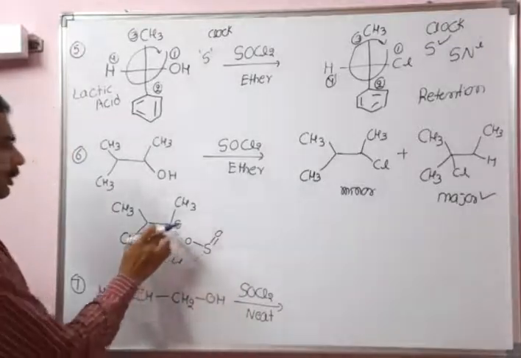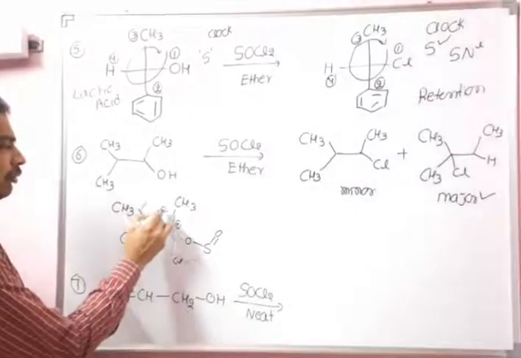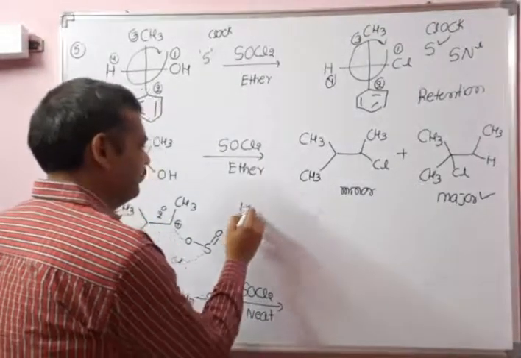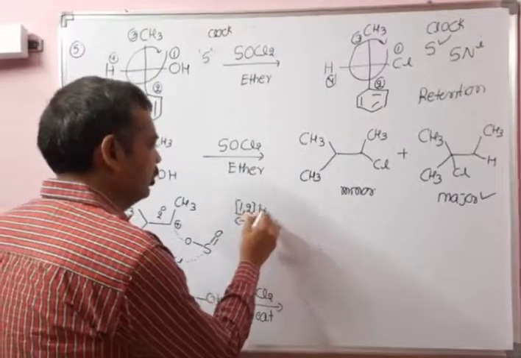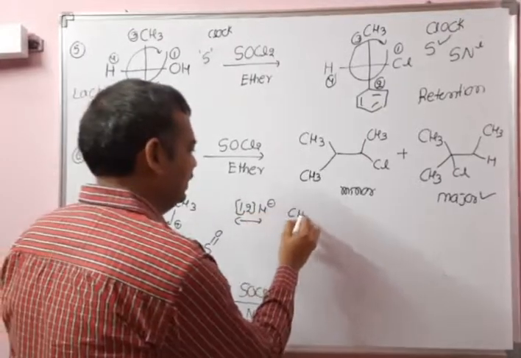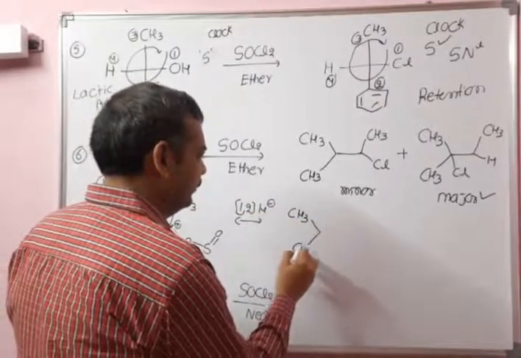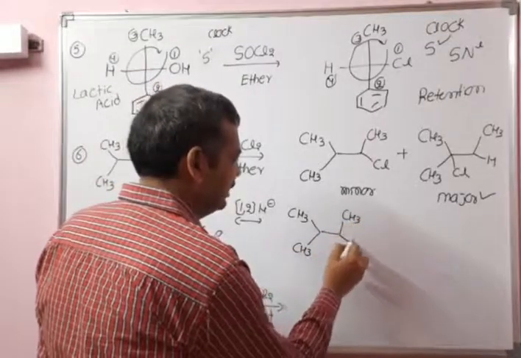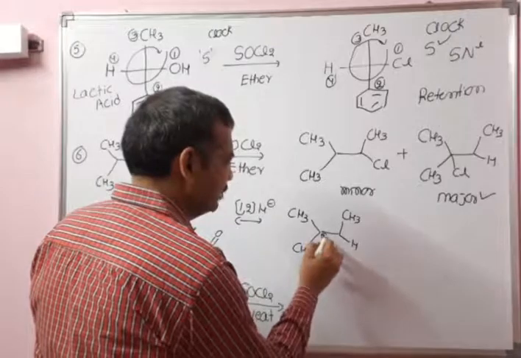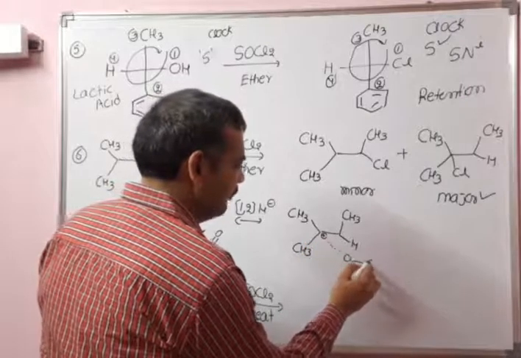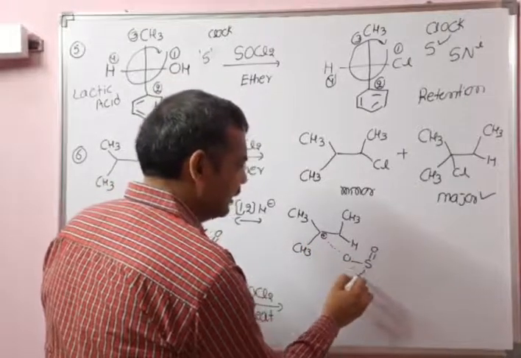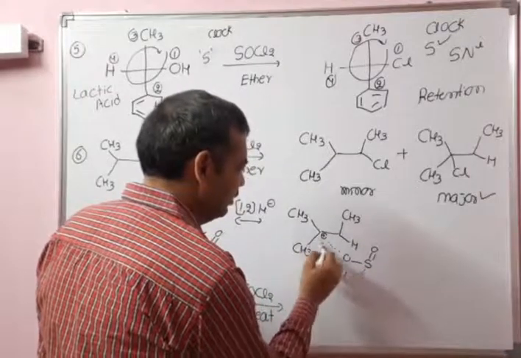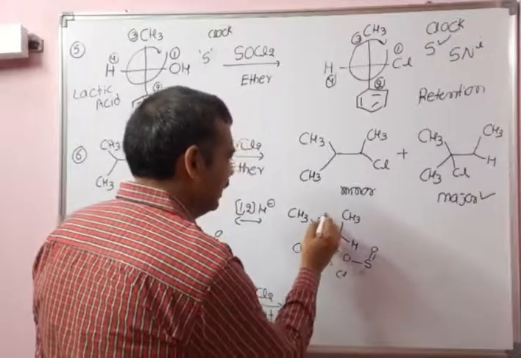After the 1,2 hydride shift, the hydrogen is here and there is a positive charge here, that will form a 4-centered transition state with a tertiary alkyl halide.